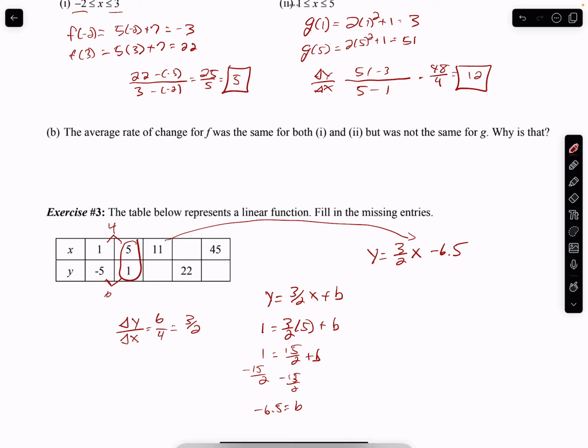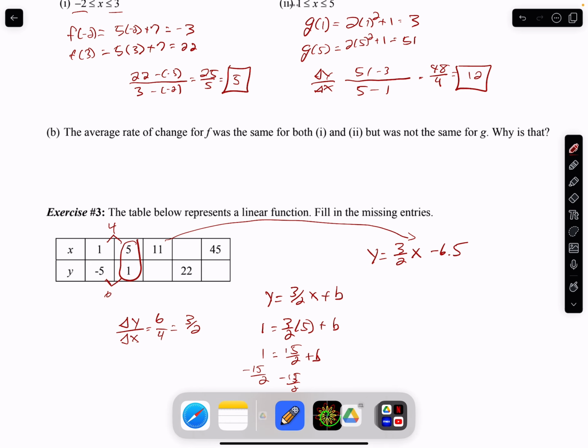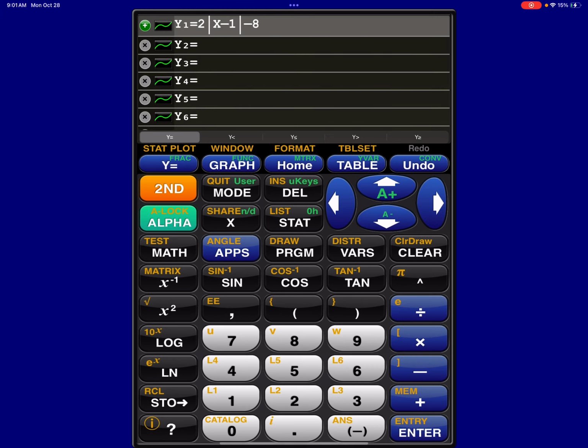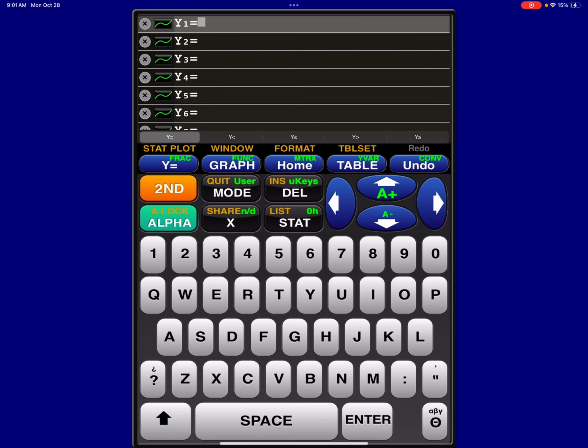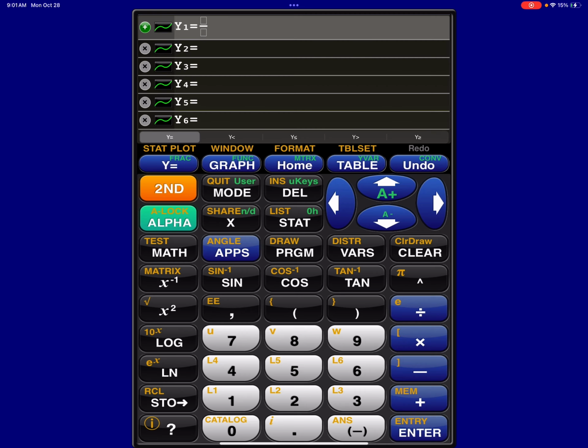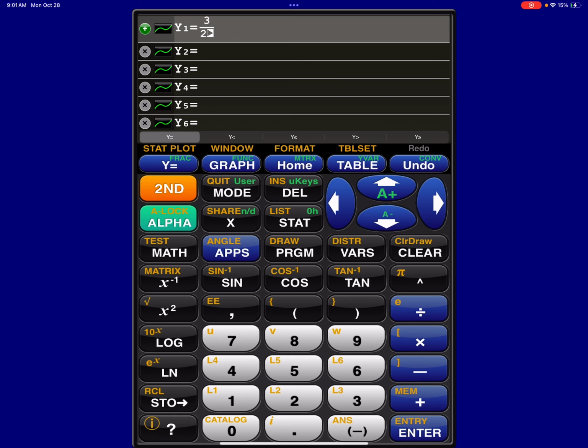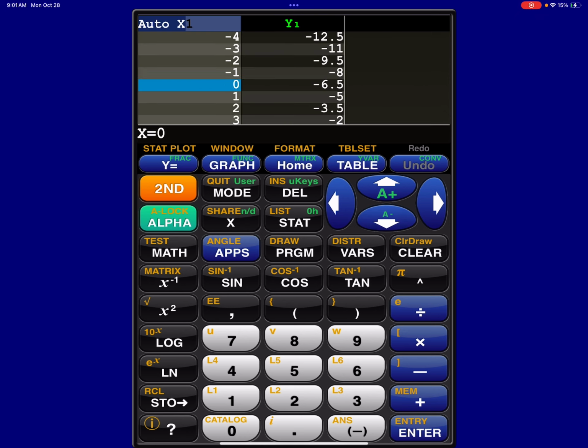Actually, let's do this in the calculator. All right, y equals, if I put this in the calculator, 3/2 x and then minus 6.5. So now I can look at a table of values.